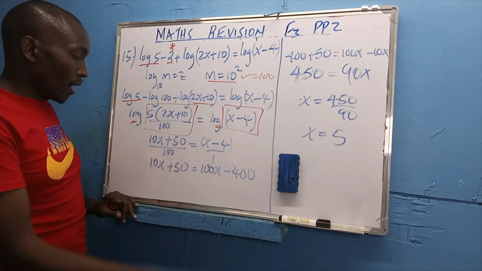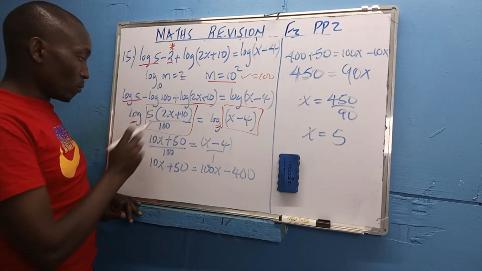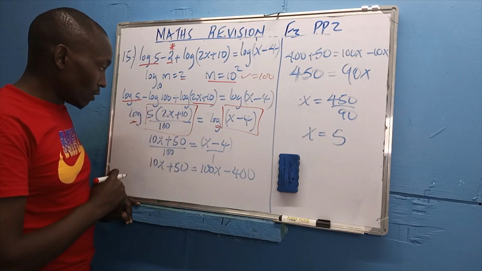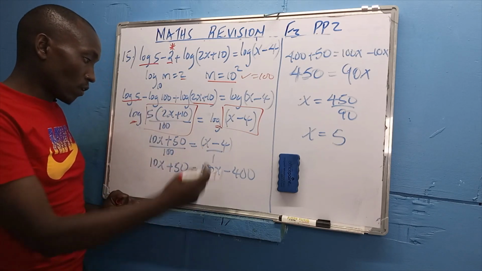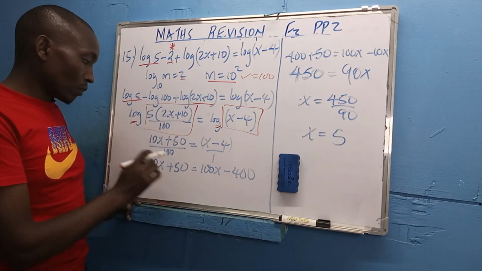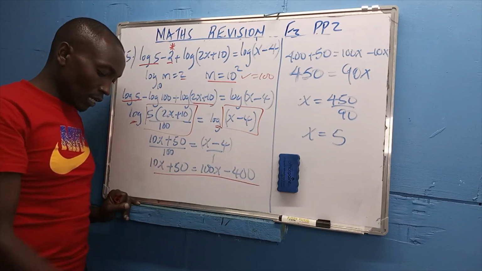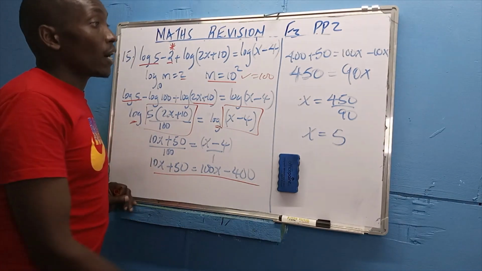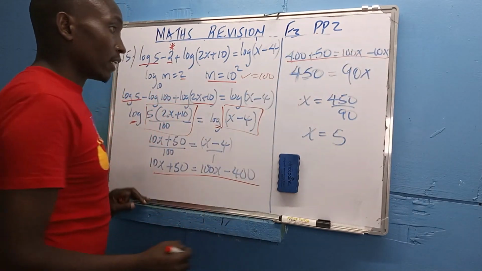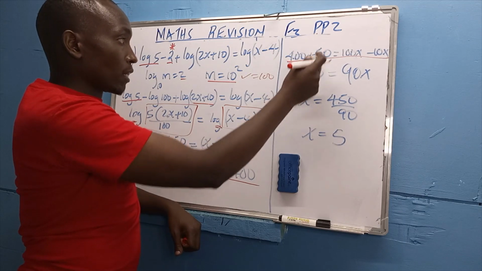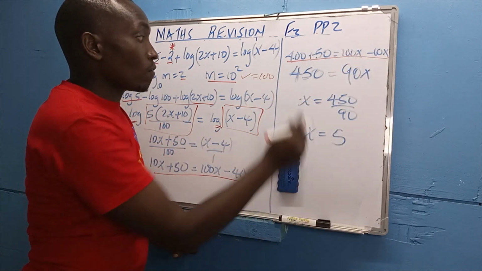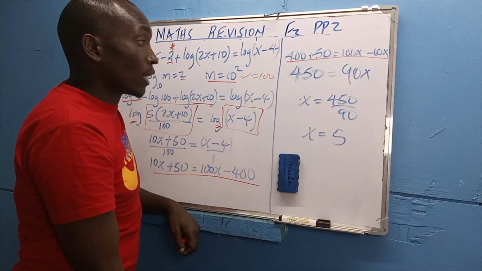If I equate that, I have an equation. 10x, remember I've opened the bracket here, 10x plus 50 over 100 equals x minus 4 over 1. Now, cross multiply. If you cross multiply, you get that equation. Once you have that, you can simplify it. You will end up with 450, remember that one, you add, you subtract there. 450 is equivalent to 90x.